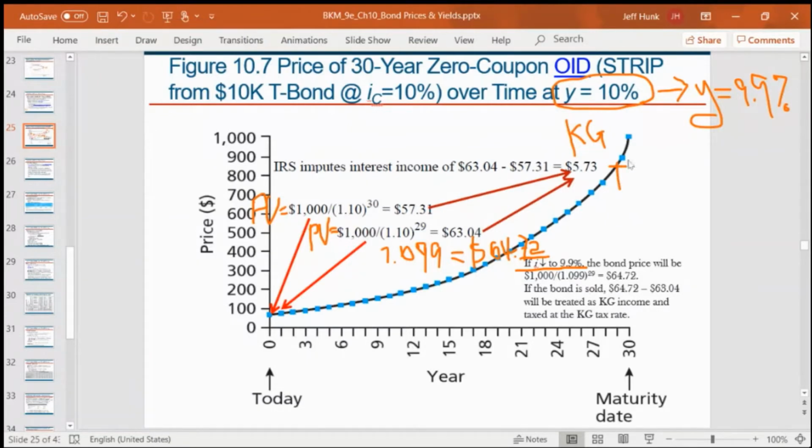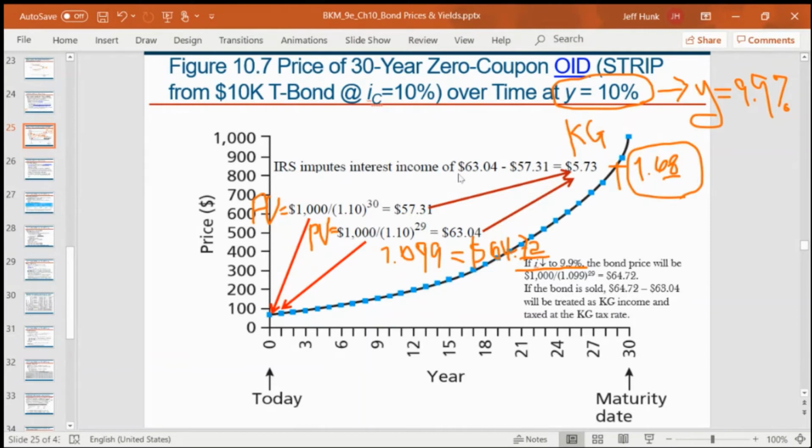So even if you don't sell, this is an interesting thing, this much is considered imputed capital gains.